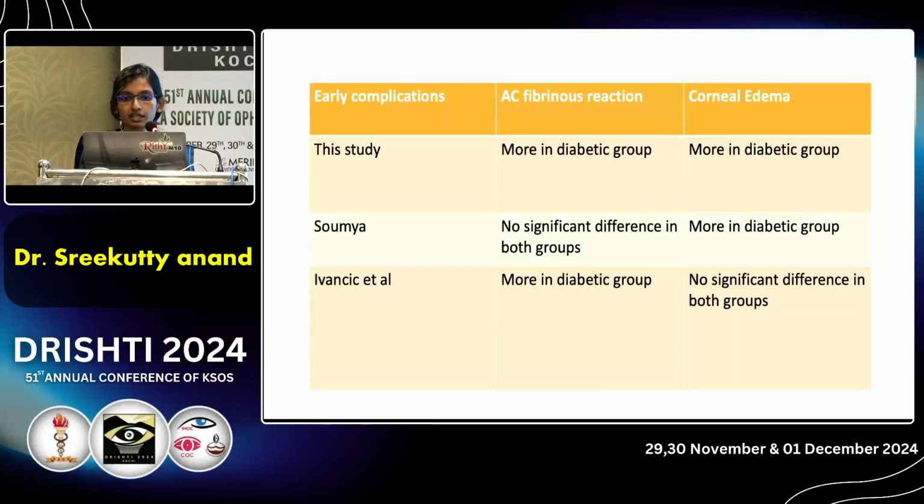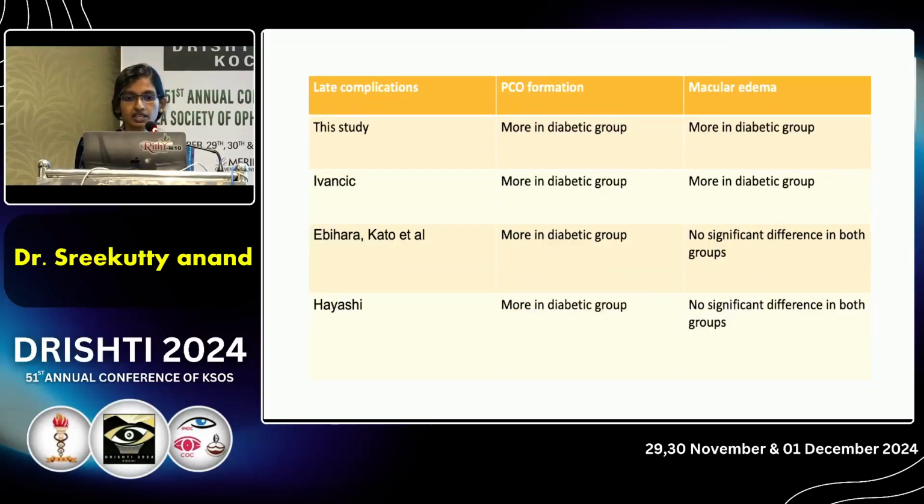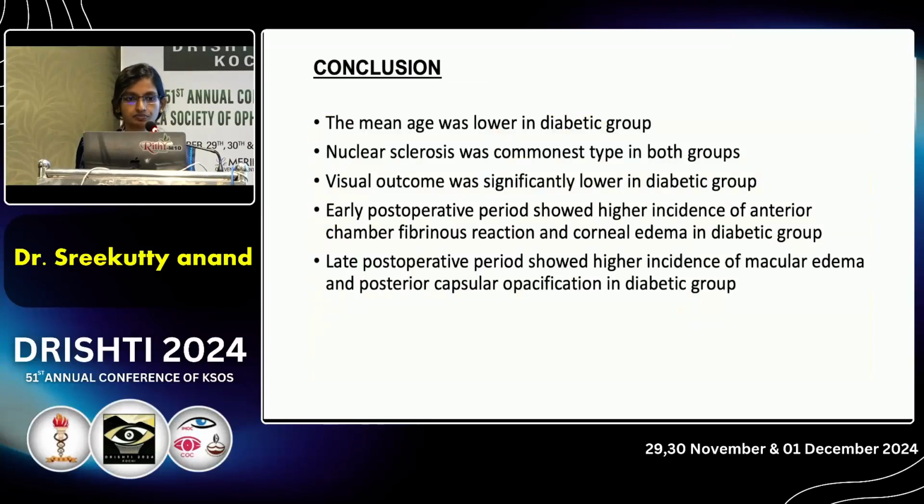Corneal edema was more common in the diabetic group, similar to a study by Soumya. Late complications like PCO formation were more common in this study and in studies by Ivancic, Ebihara, Kato et al. and Hayashi. Macular edema was common in this study, just like the study by Ivancic et al.